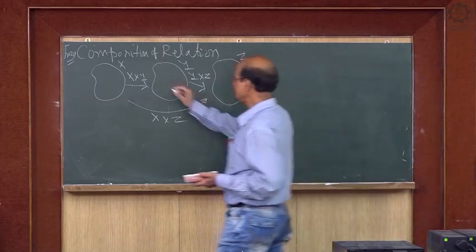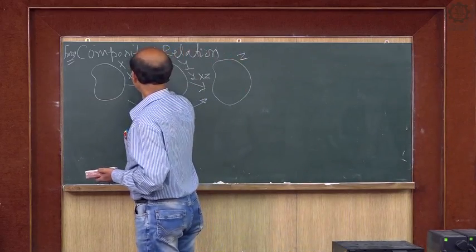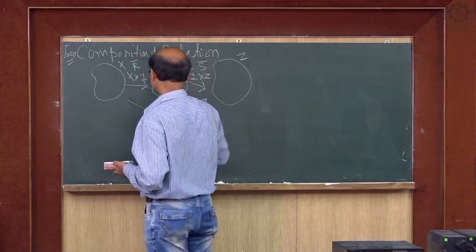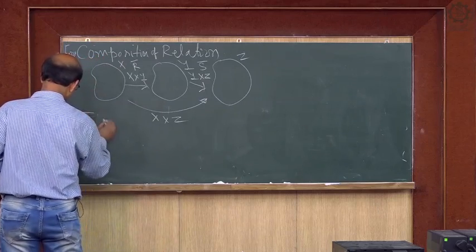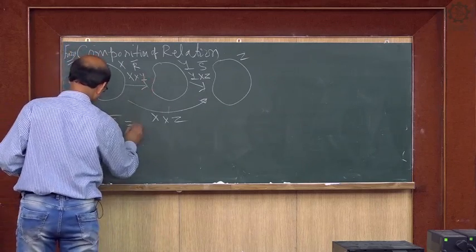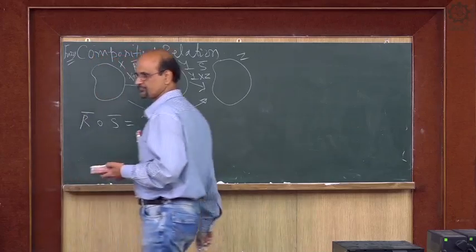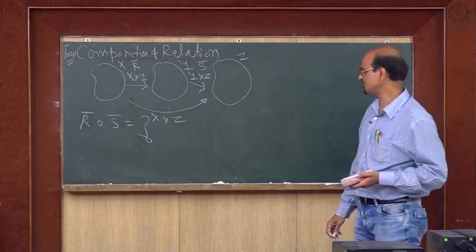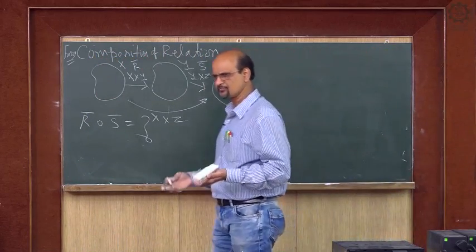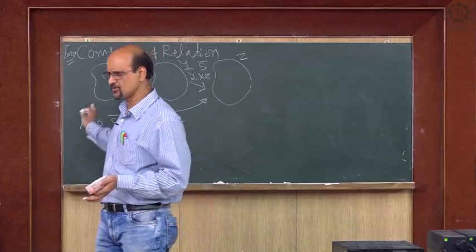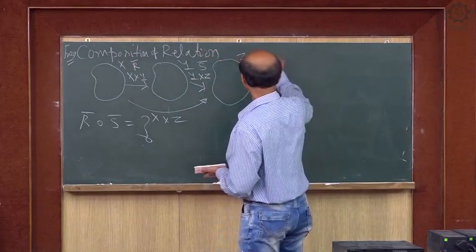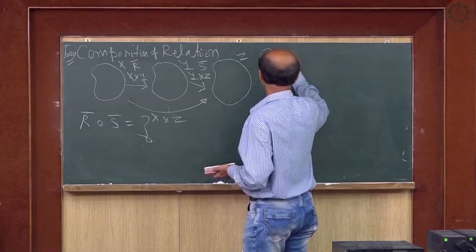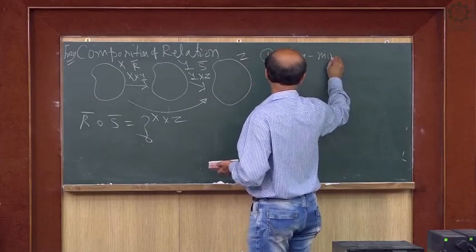Means I have relations, suppose R and here S, then what is R bar composed with S bar, that we have to find. And for this we have three methods, very simple, only max min type you have to take. So, first one is called max min composition.